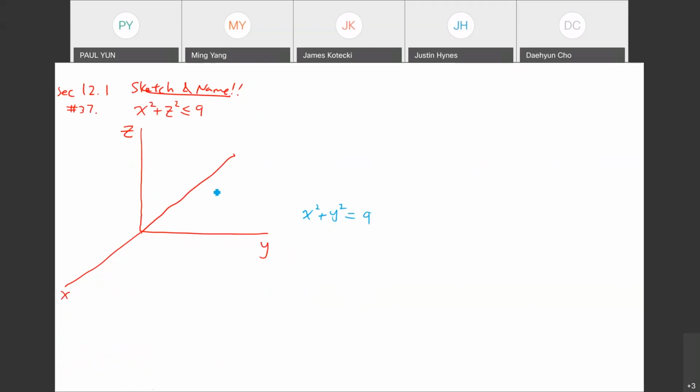So you said regardless of x values. Okay, when x equals 0. No, it's not x equals 0, right? Regardless of the z value, right?